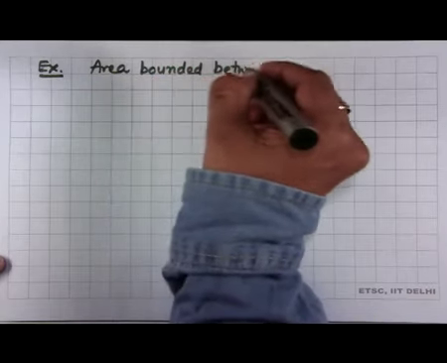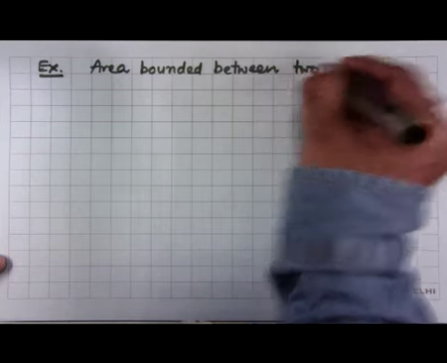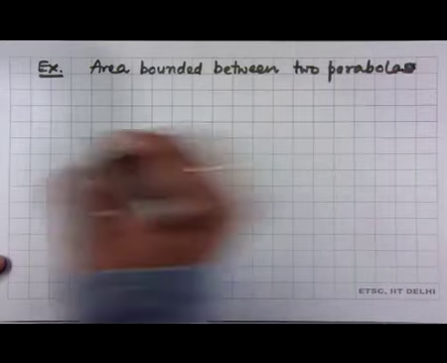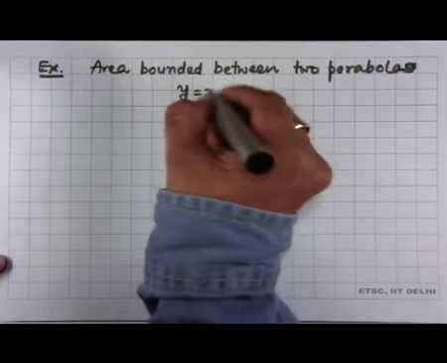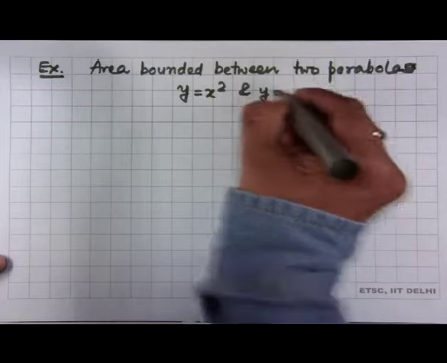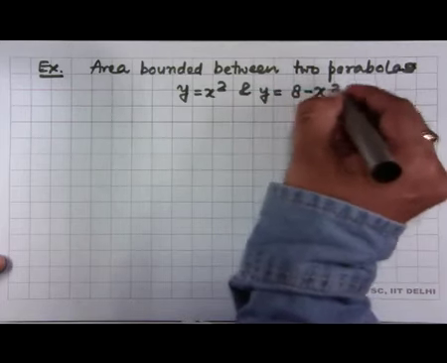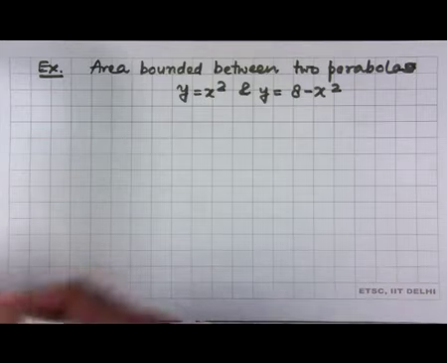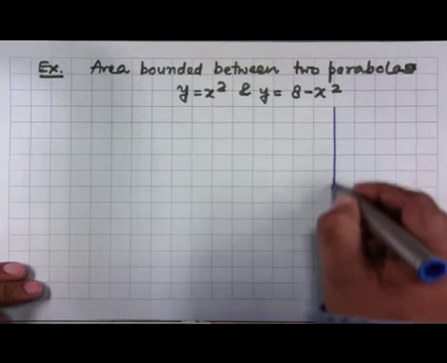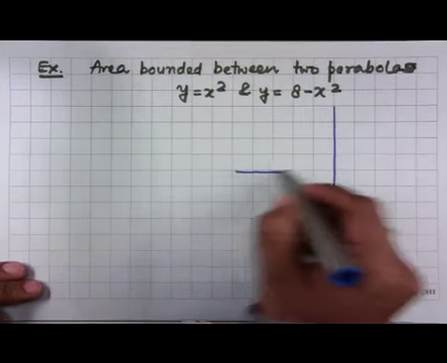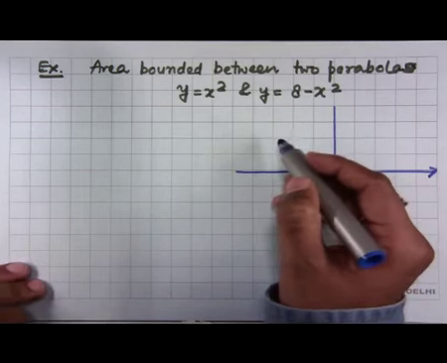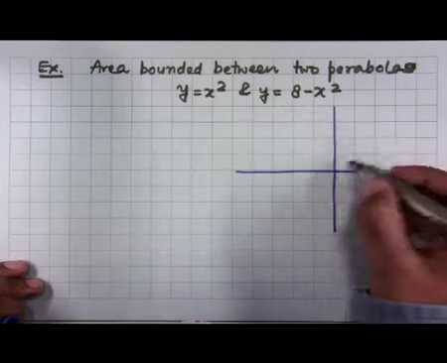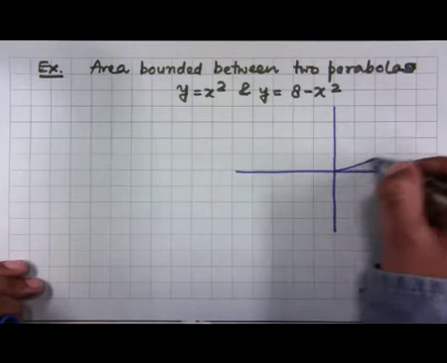Let us take another example. Area bounded between two parabolas, y equals to x square and y equals to 8 minus x square. So, let us plot them. Y axis, x axis. Y equals to x square is a parabola with vertex 0 0, and axis is y axis.